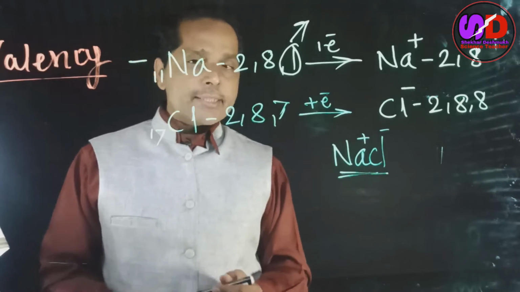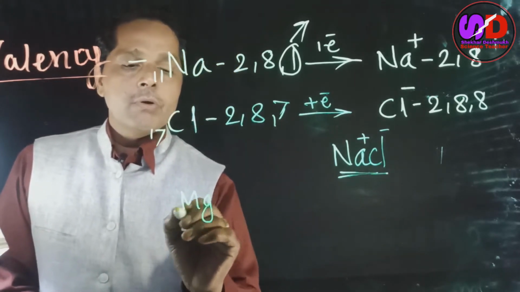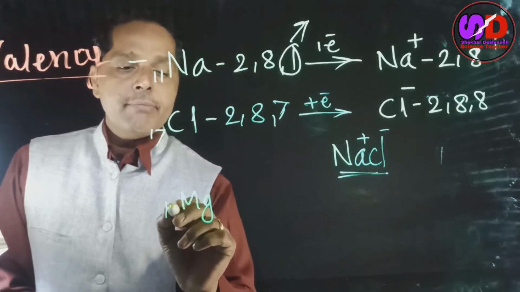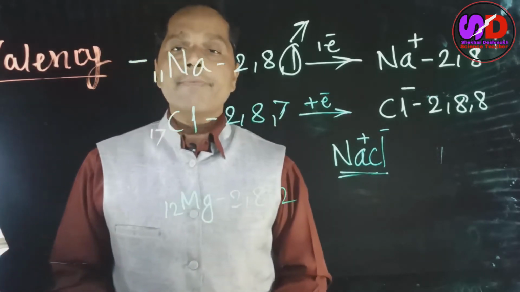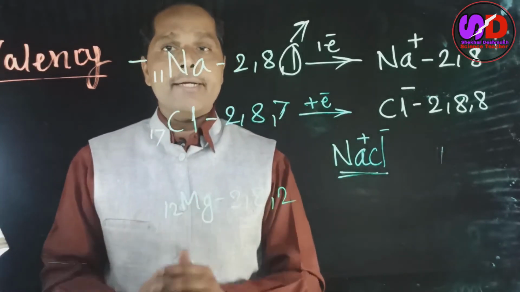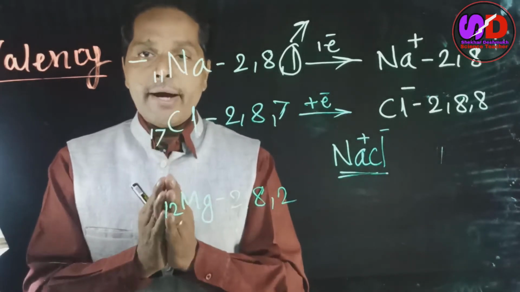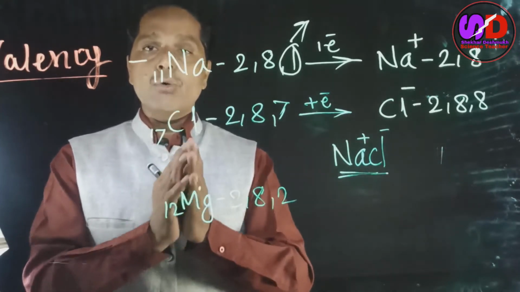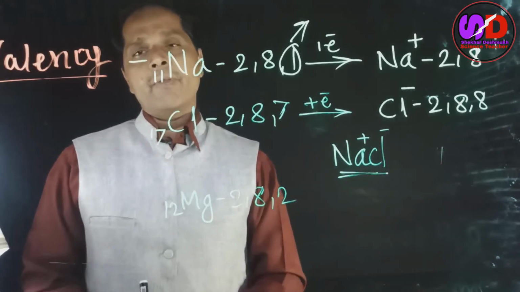Let us take one more example. Suppose we take magnesium. Magnesium 12, 2, 8, 2. Now for getting a complete octet, magnesium requires 8 electrons in the outermost shell. The outermost shell is called valence shell.